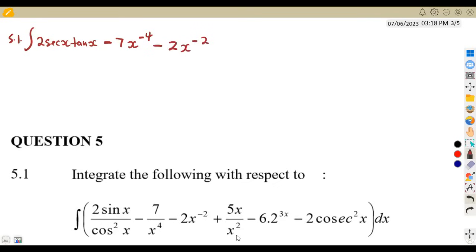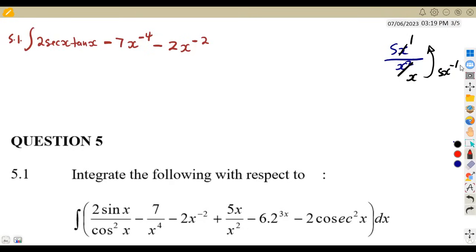It's 5x over x squared. We can't integrate that directly as it is, so we can reduce this one. x into x, that's 1. x into x squared, that is x. In our integral, we were supposed to rewrite this on top as 5x to the exponent of minus 1. But under our integral, we do not have the integral of such an exponent of -1. Why?